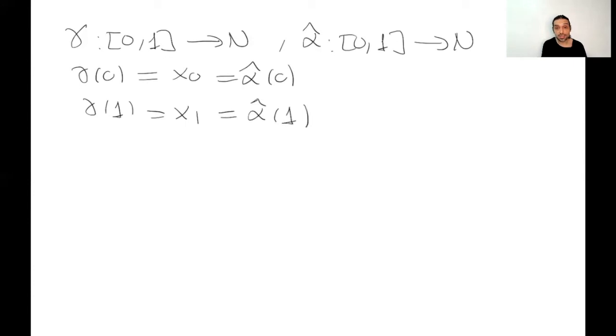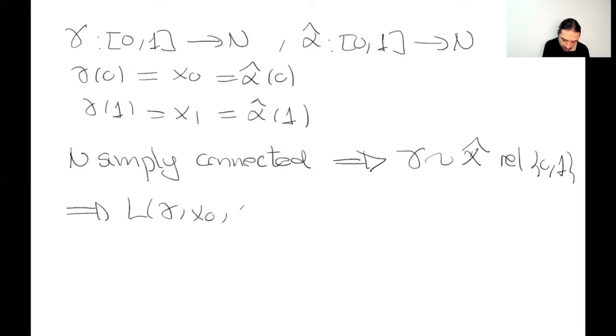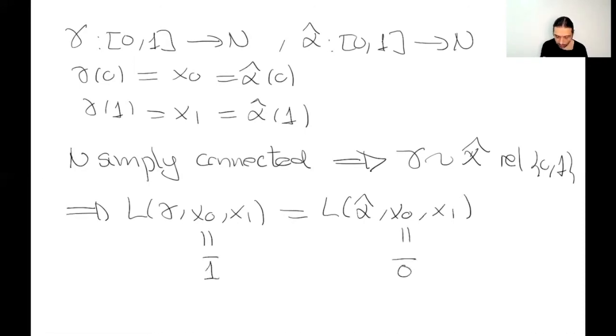And in this condition, since N is simply connected, these two paths, gamma and alpha hat, are homotopic relative to [0, 1]. In particular, because of our proof, that implies that the invariant associated to these paths is the same, right? But this is not true because this invariant was 1 and this invariant was 0. And these two classes are not the same.